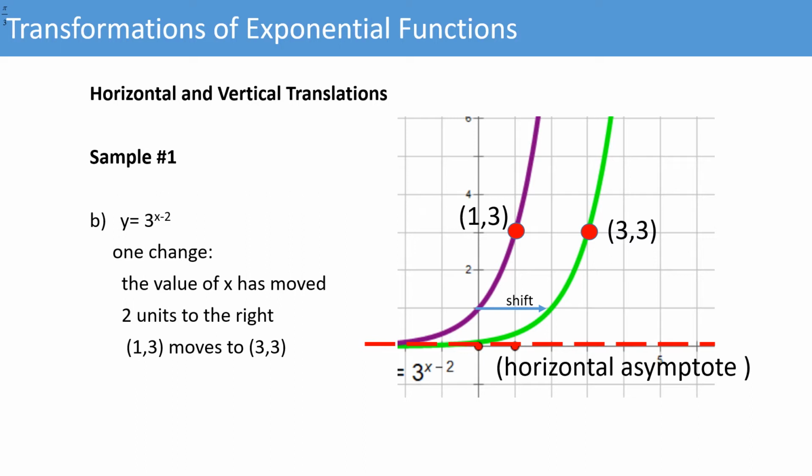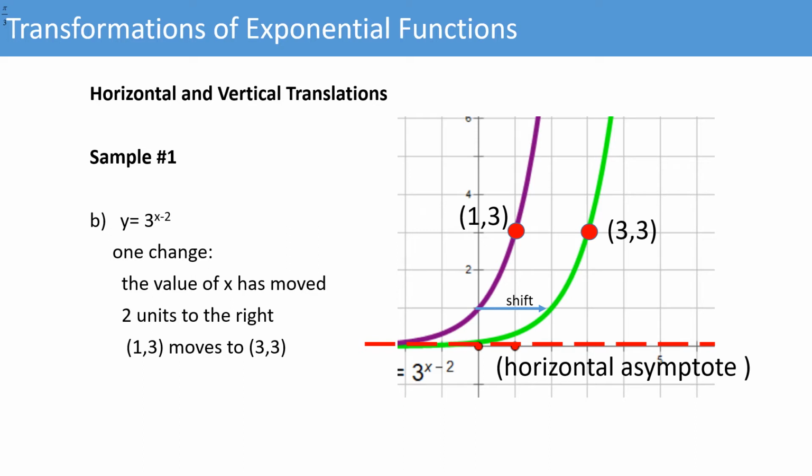What's happened here is that the value of x has moved 2 units to the right. So it's a shift to the right. We can see that if we compare the original point of (1, 3) with the new point of (3, 3).